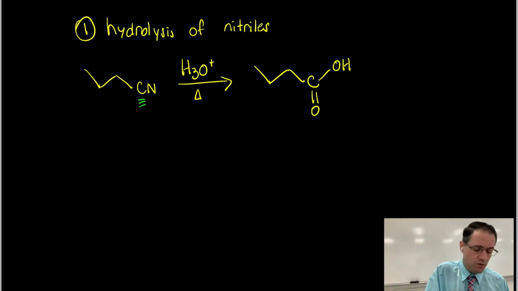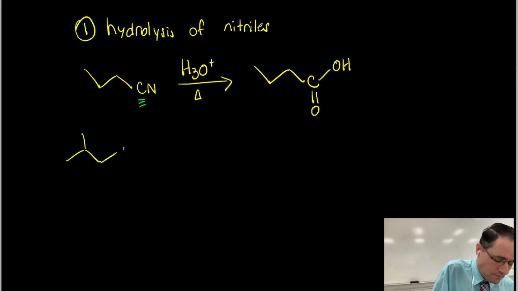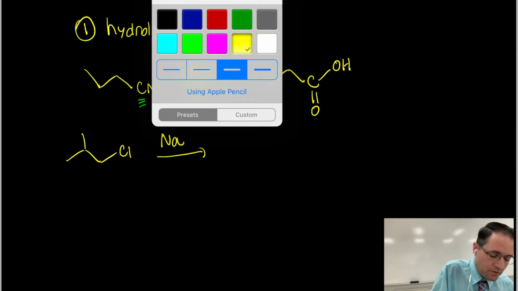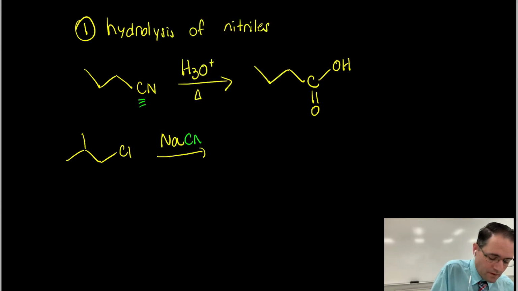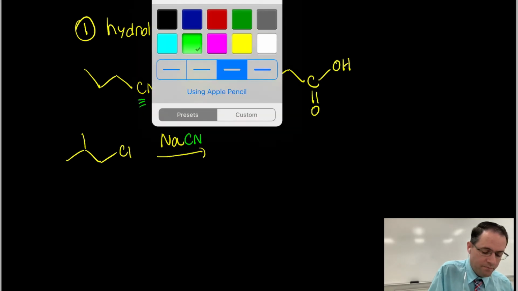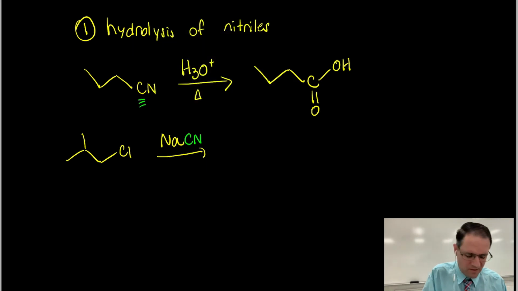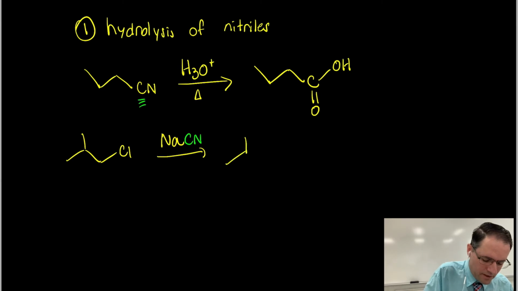So usually this is a 2-step sequence. If you have an alkyl halide, you would normally treat this with sodium cyanide, okay? And, you know, some polar aprotic solvent, doesn't matter here really what we write.